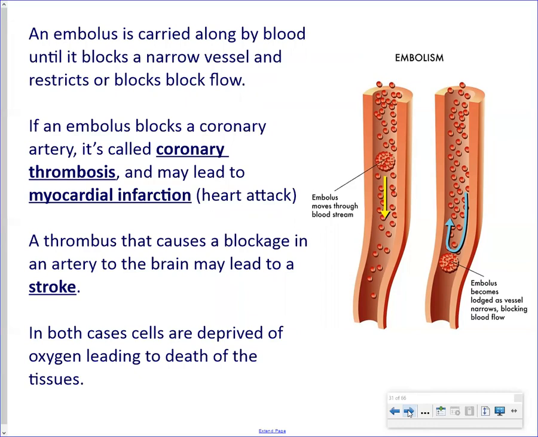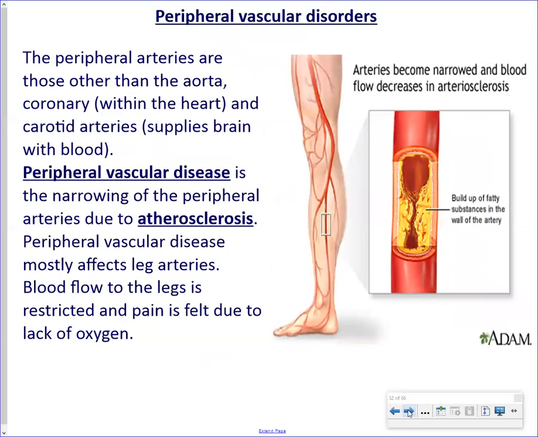A similar thing can happen in the artery to the brain. It can block the artery to the brain and stop the supply of oxygen for the brain, and that can cause a stroke. PVD, or peripheral vascular disease. So this is basically the process of atherosclerosis taking place in arteries that are in the periphery or the extremity of the body.